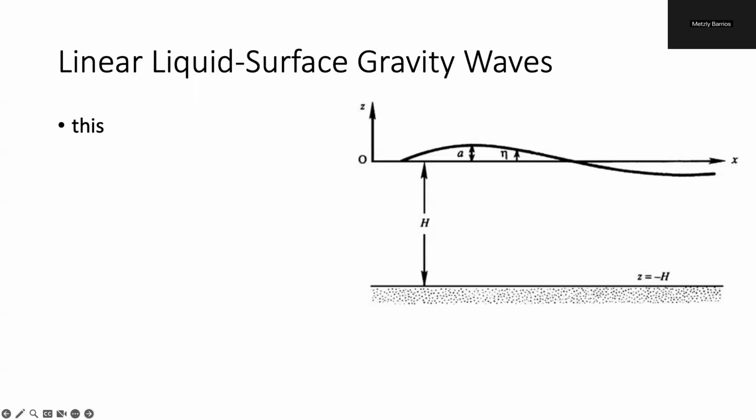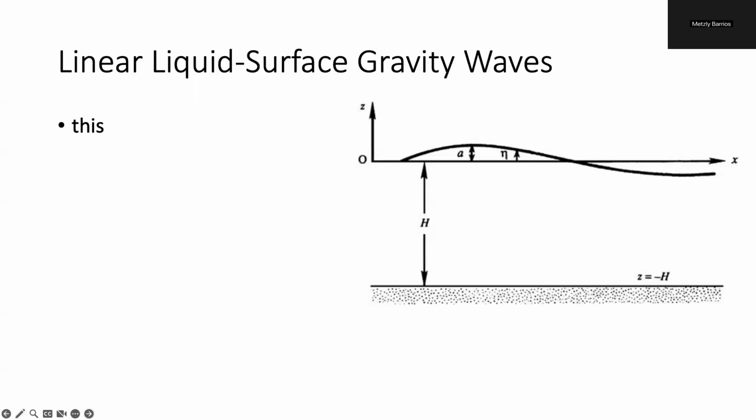For this one, I also said that the flow was irrotational. So how do I define irrotational? Vorticity 0, right?